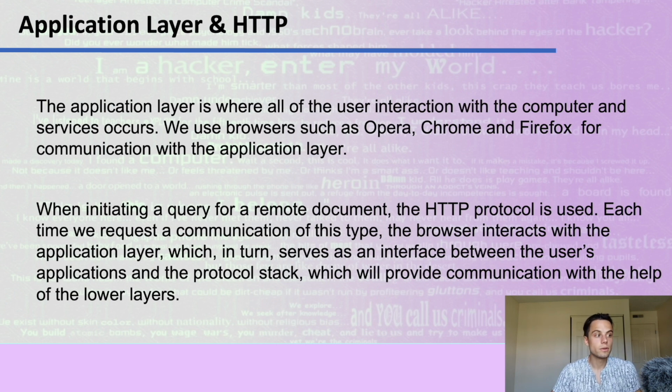Each time we request a communication of this type, the browser actually interacts with the application layer. So it actually serves as an interface between the user application and the protocol stack, and finally provides a communication with the lower layers.